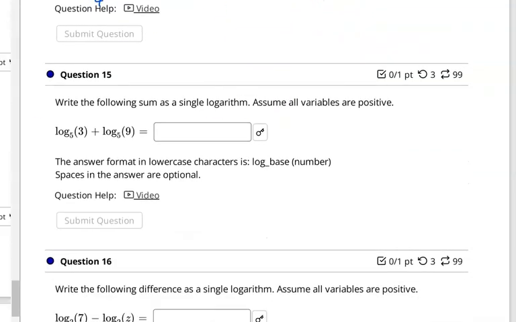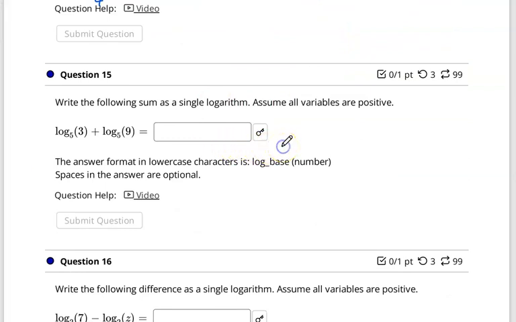Now the rest of these are simply using the rules of logarithms. Remember that when you add logarithms, it's like multiplying these two things. So this becomes log base 5 of 3 times 9, or log of 27 base 5.